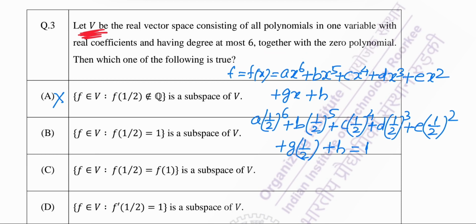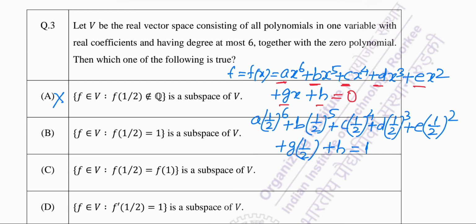It means that if you equate this to 0, then a, b, c, d, e, f, g, h all will be equal to 0, and you know 0 must be a member of each subspace.